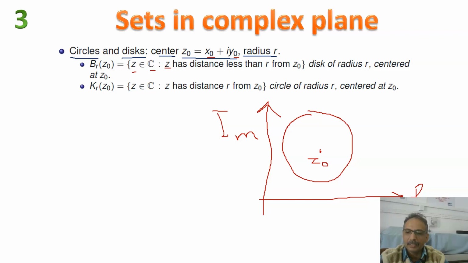So obviously here we are talking about all points inside the circle that form a disk. So this is that disk.